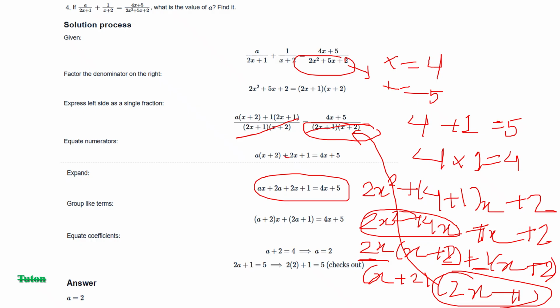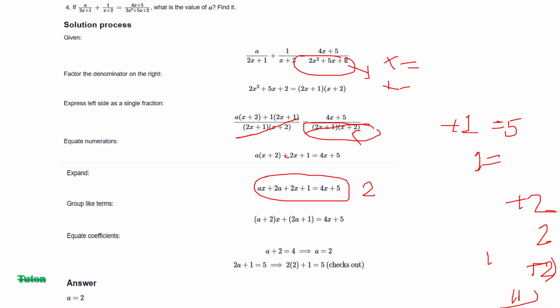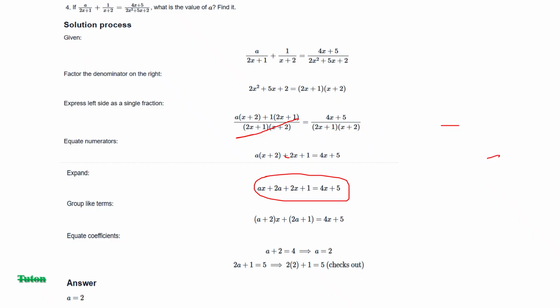Now simplifying this equation, let me erase this portion so that I can make your understanding easier. Let's say ax plus 2a is equal to 4x minus 2x plus 5 minus 1.